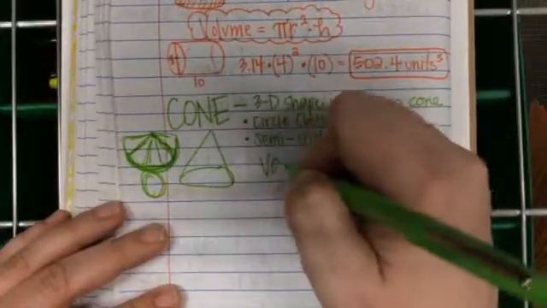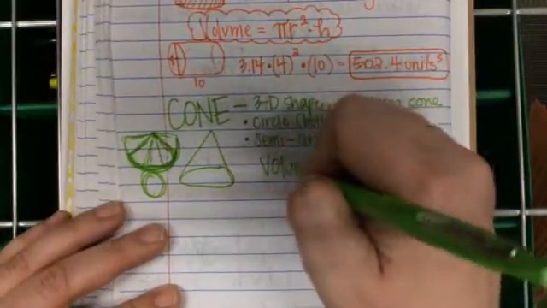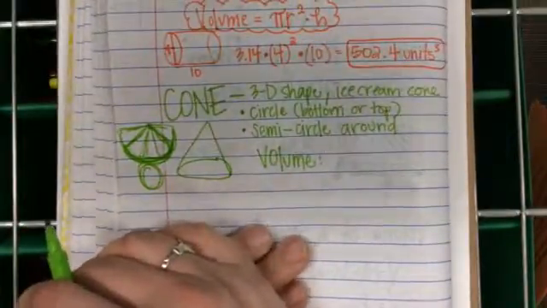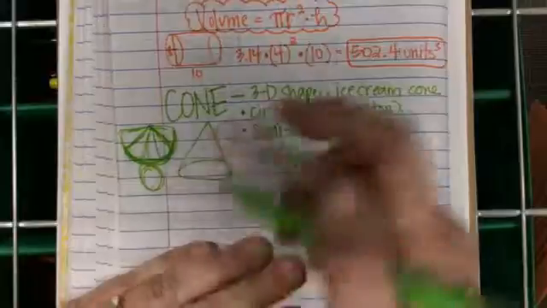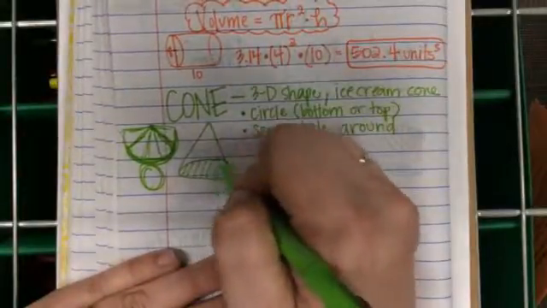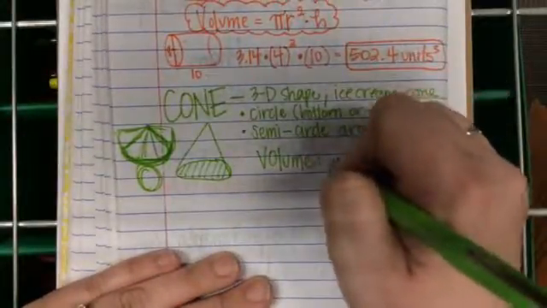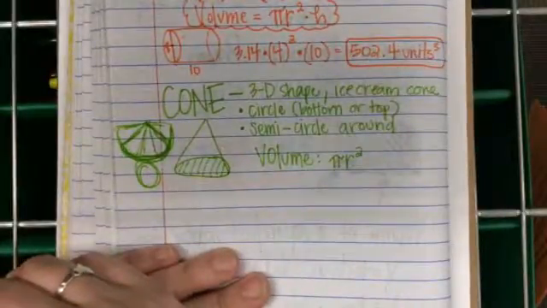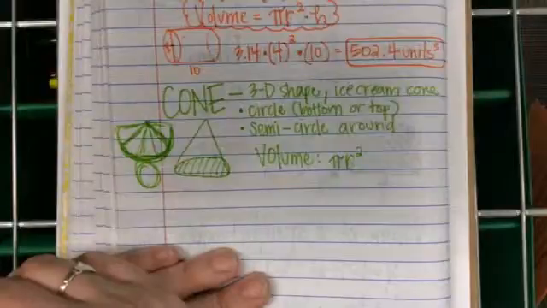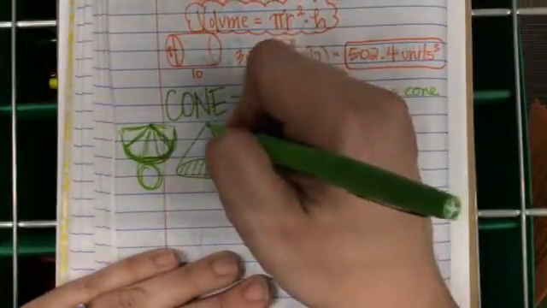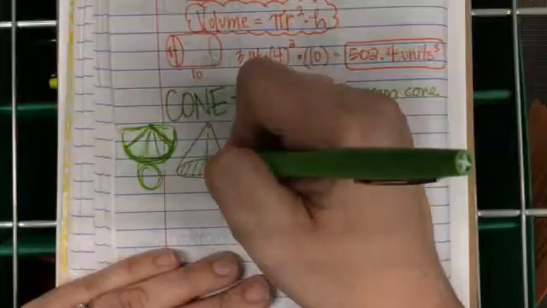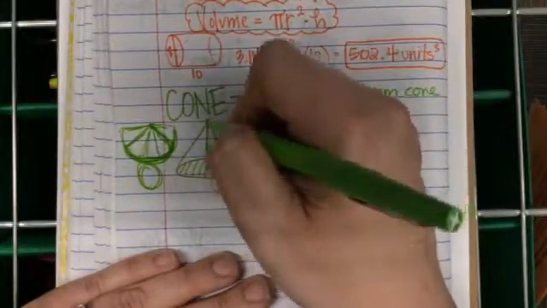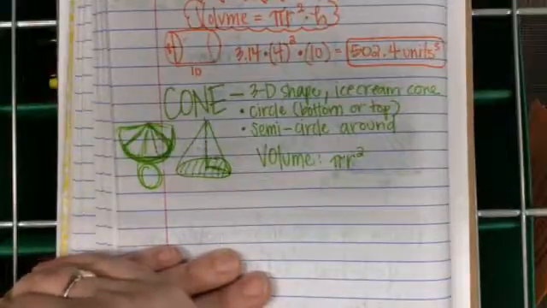All right, so volume of this. What's the bottom? What's the base? A circle, so we still start with pi r squared. And it's kind of like a triangle, right?